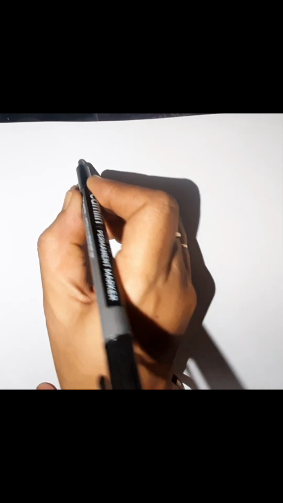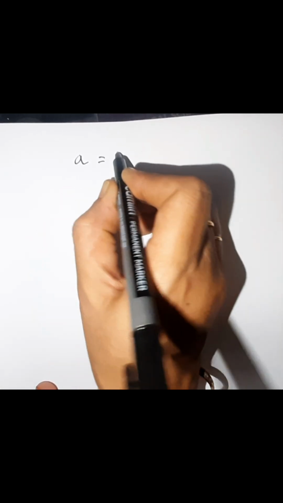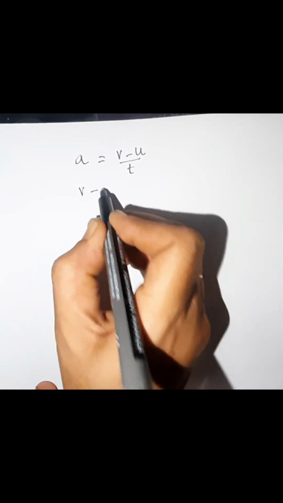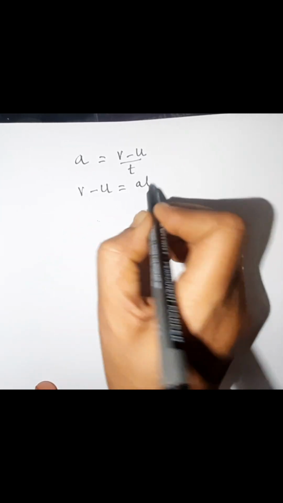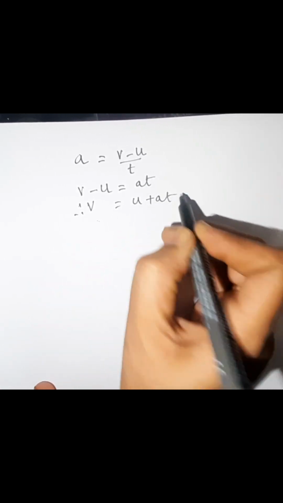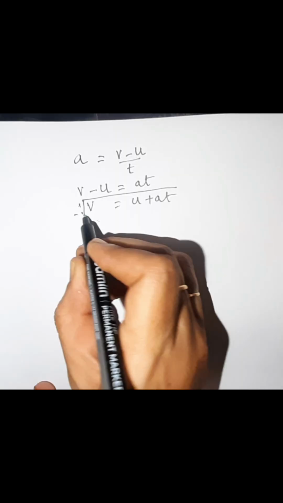So totally there are 6 formulas. The first one is acceleration, which I already taught. Acceleration is v minus u upon t. If we cross multiply, v minus u is at, therefore v is u plus at. This is the first equation of motion.